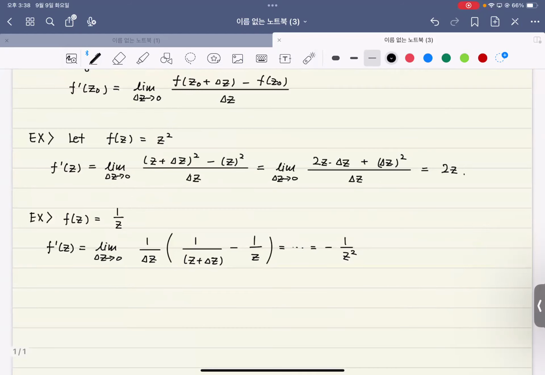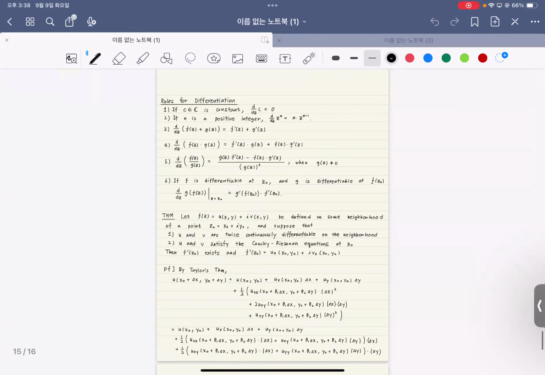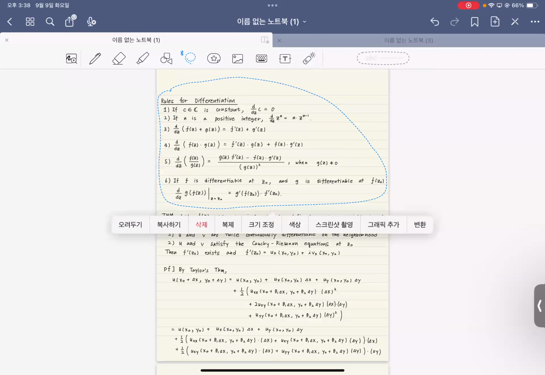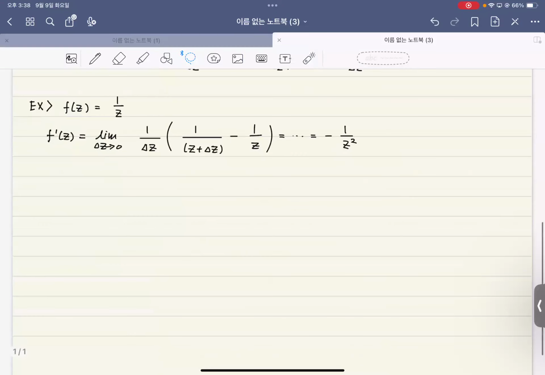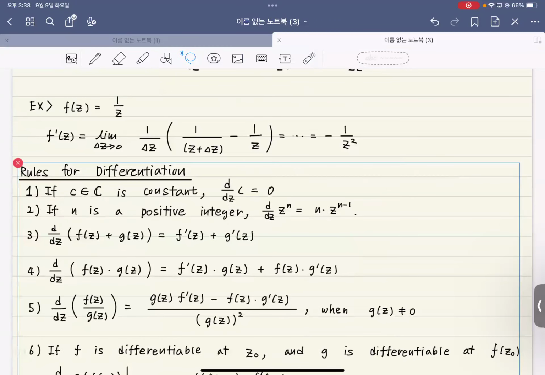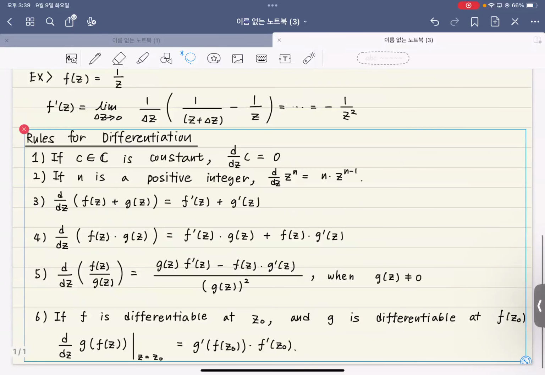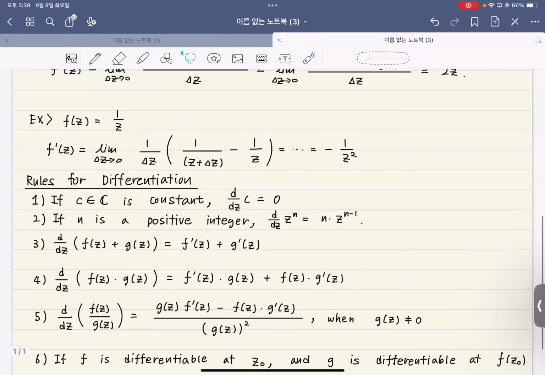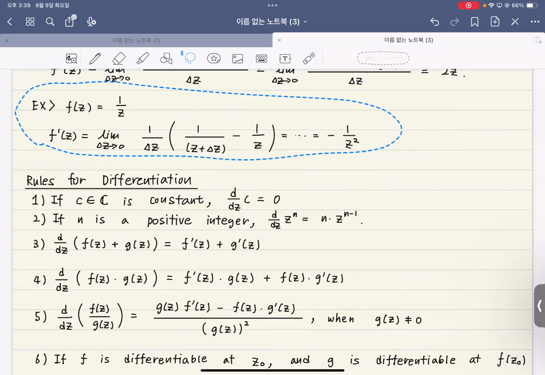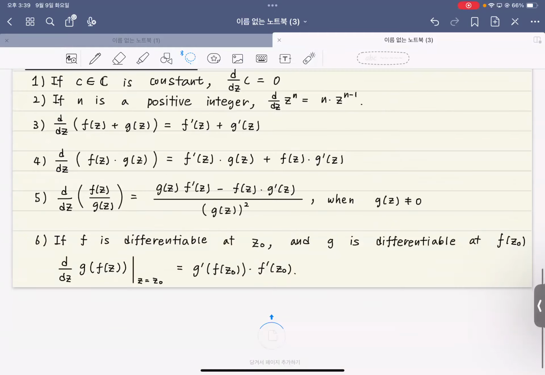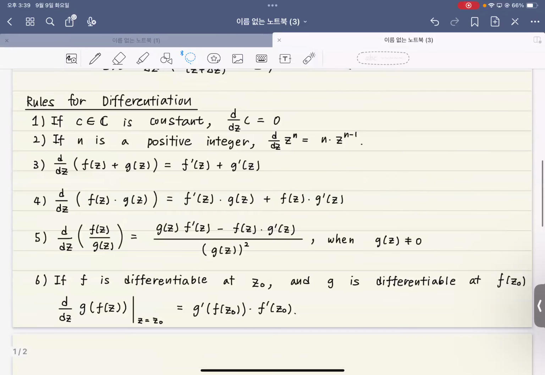Okay, I don't want to spend too much time writing down the easy properties, so I will just copy and paste some easy rules for the derivative. These are the rules for differentiation. If you take the derivative of a constant function, then the answer should be 0.